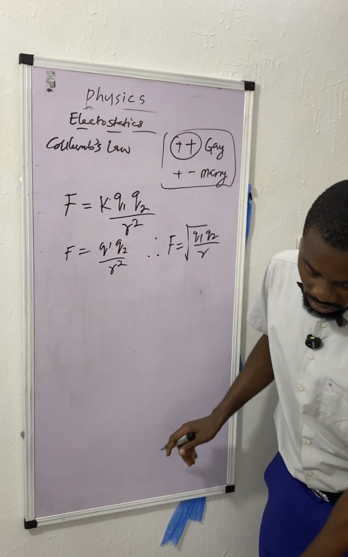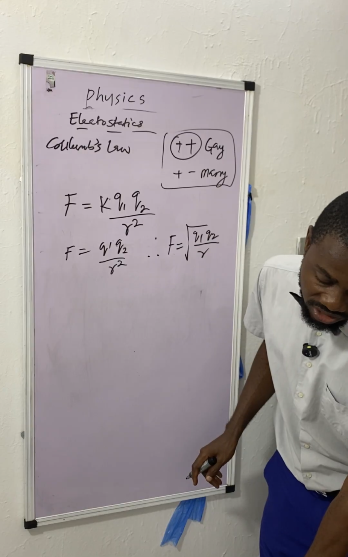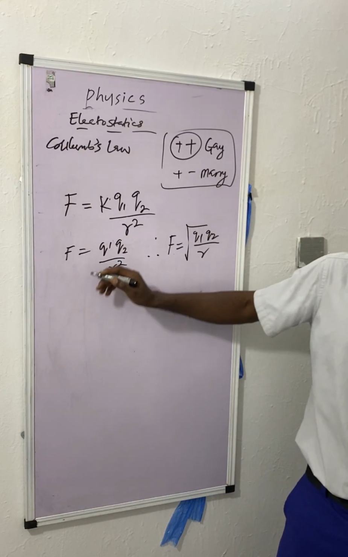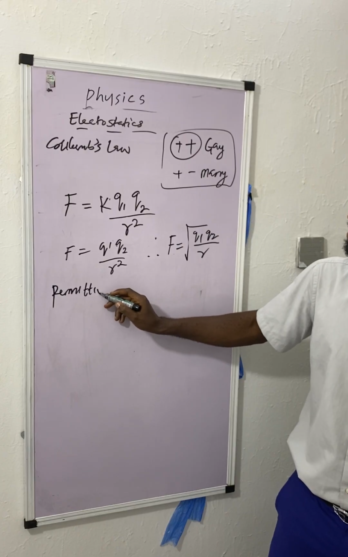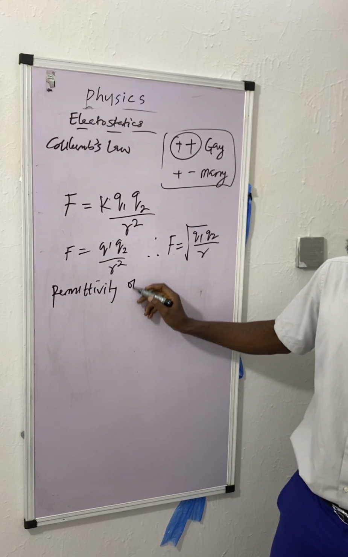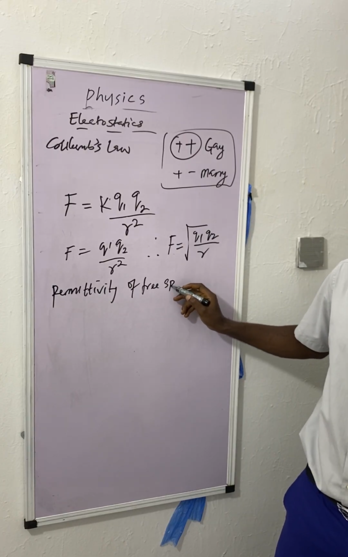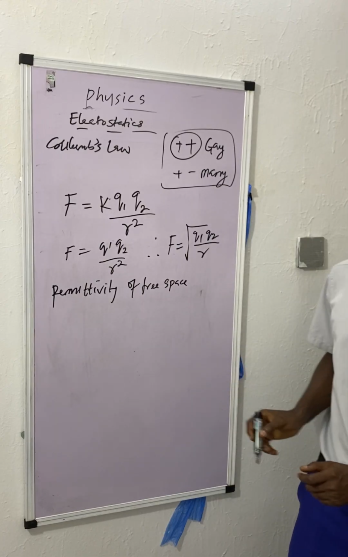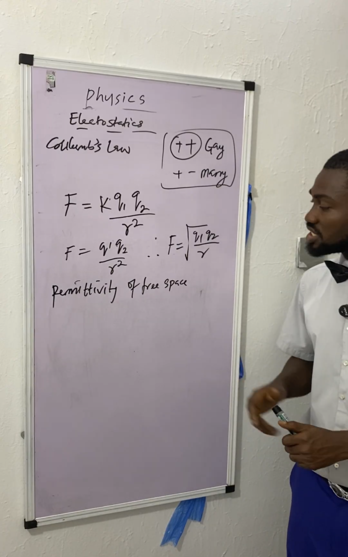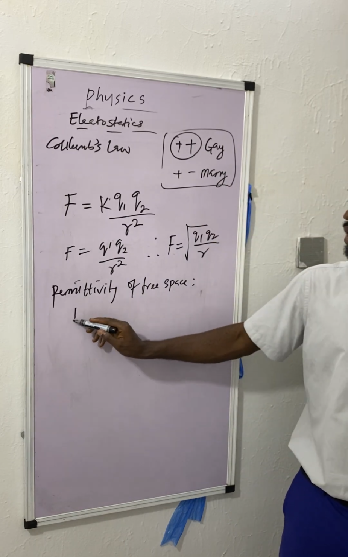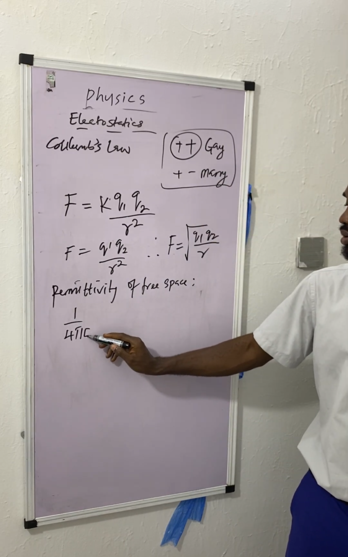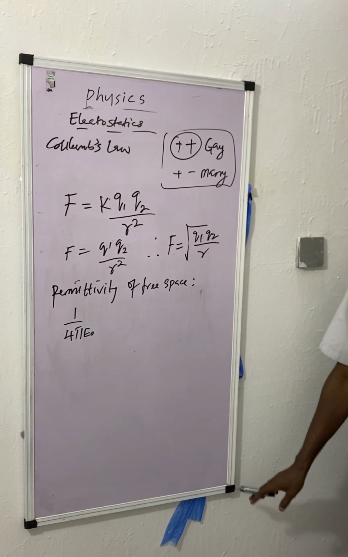All right. Therefore, there is something called permittivity of free space. This permittivity of free space is the space required for electricity to be transmitted in a vacuum. It's usually given as 1 over 4 pi epsilon naught.